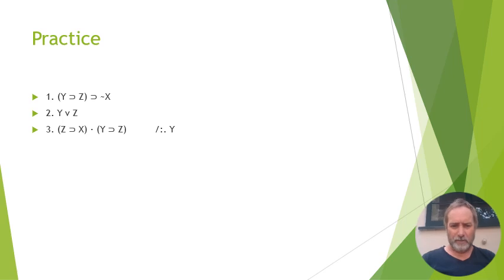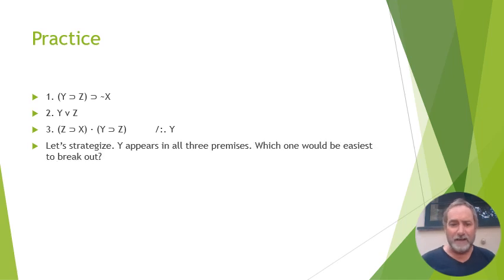What I typically do, right? I mean, again, it's up to you how you strategize. You can work backwards. You can say, where can I get Y from? Y kind of shows up a lot here, so that's not maybe the most helpful. But what I always do when I see a conjunction in one of my premises is I use simplification and break it up. In fact, I use simplification twice to get the left conjunct on its own, and then again to get the right conjunct on its own. Here we're sort of strategizing backwards.